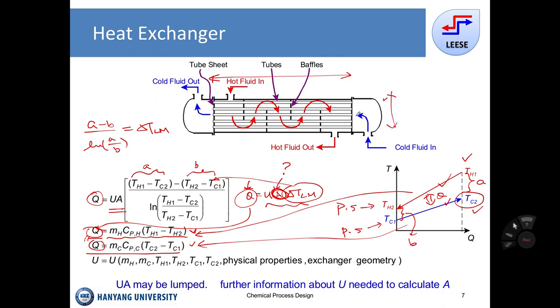By the way, this is one of the common heat exchangers used in the process industry, widely called the shell and tube heat exchanger. You can see the horizontal tubes, and around the horizontal tubes we have the big shell, a horizontal tank.